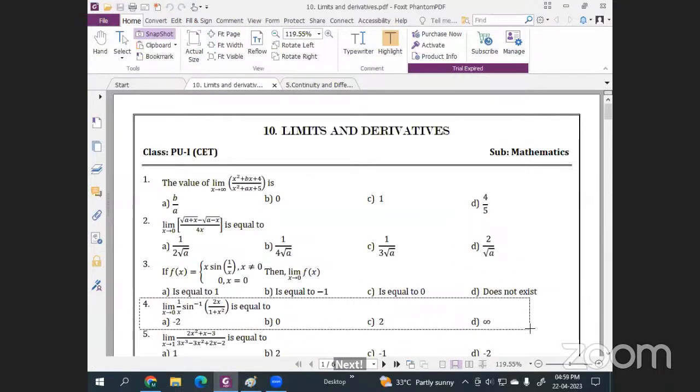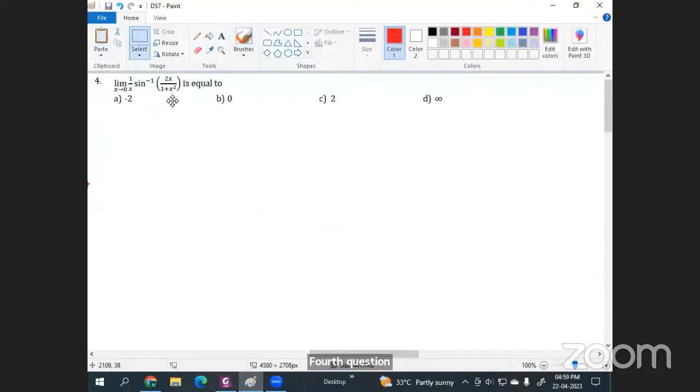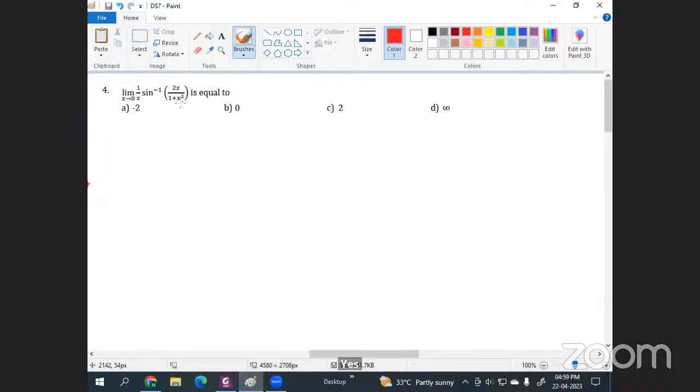Fourth question I am doing. Limit as x extends to 0, 1 by x sine inverse of 2x by 1 plus x square. Now here 0 by sine inverse of 0, it is 0. 0 by 0 I can do, but further I will use the formula.